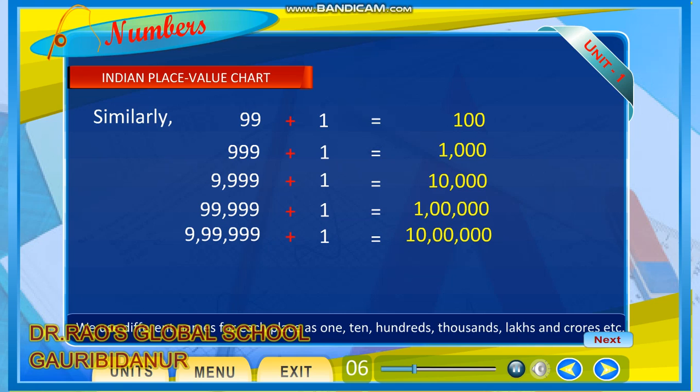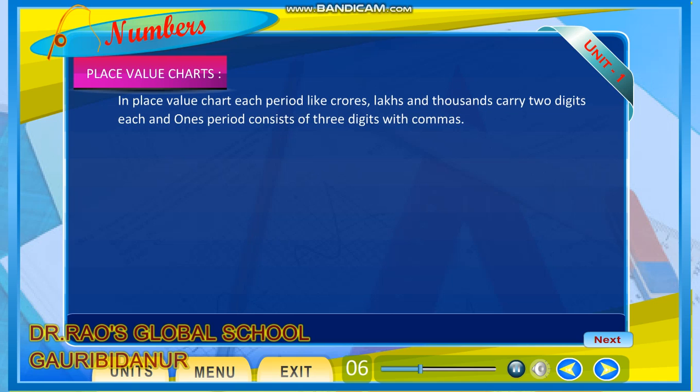We use different names for each place as ones, tens, hundreds, thousands, lakhs and crores, etc. Place value charts. In the place value chart, each period like crores, lakhs and thousands carries 2 digits each, and the ones period consists of 3 digits, with commas.